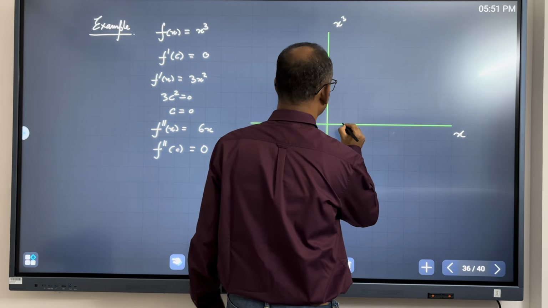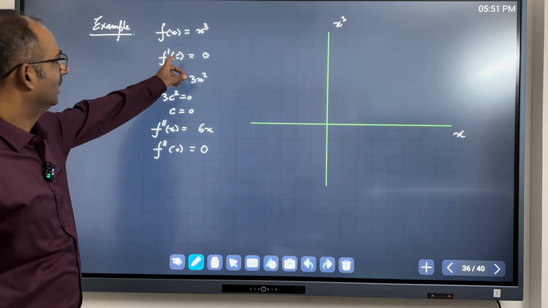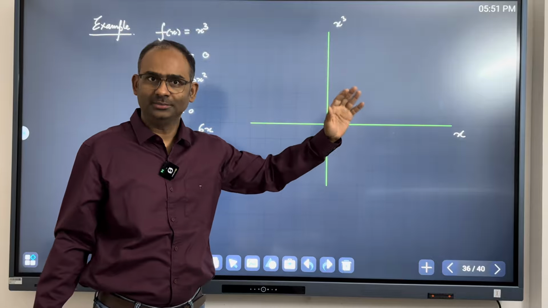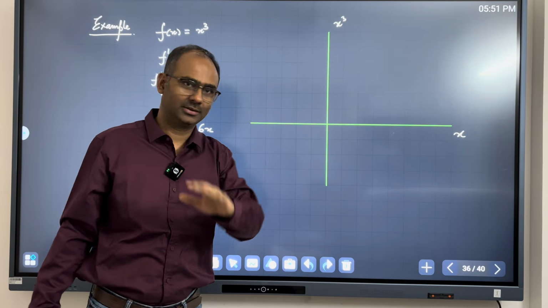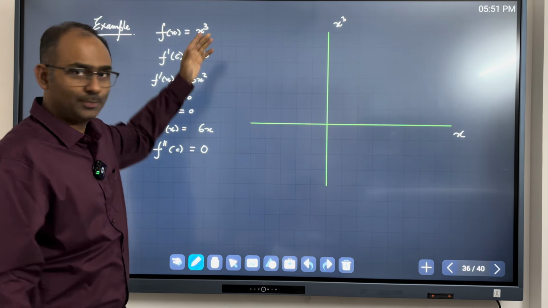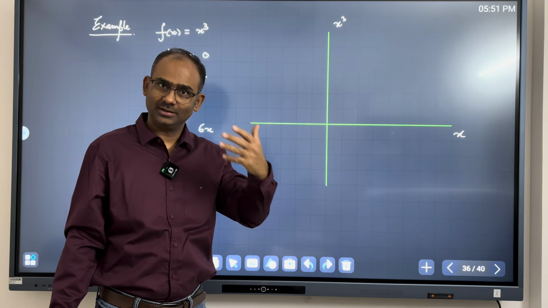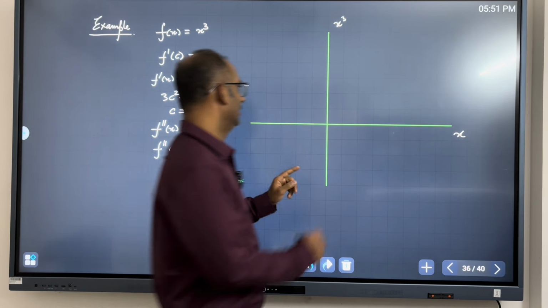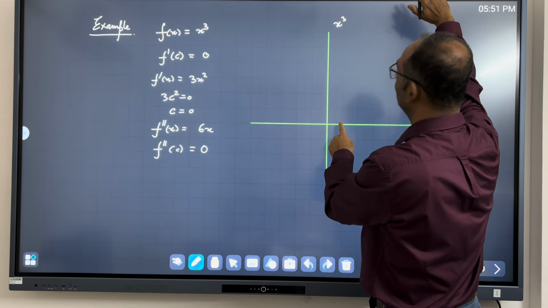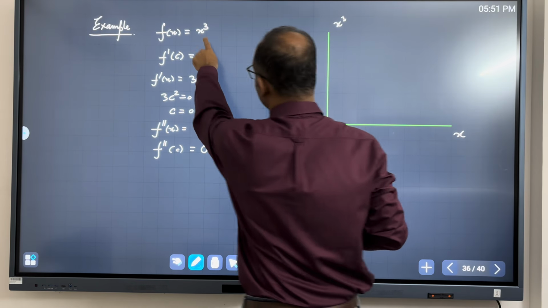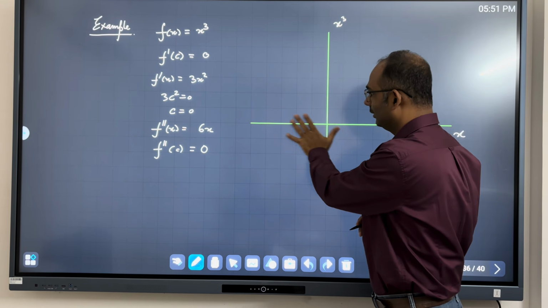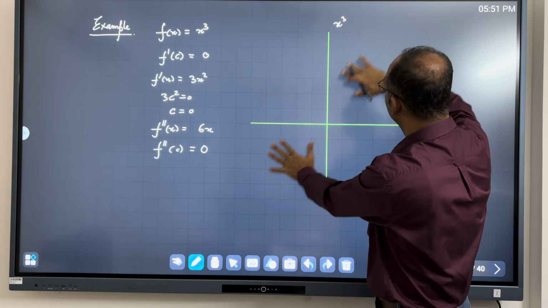I can put the values 1, 2, 3 here and then plot, but I will just give you some idea what it looks like. When x is positive, x cube is positive, so it will be on this side. When x is negative, then x cube is negative, so here it will be on this side. So it will be filling up this region.